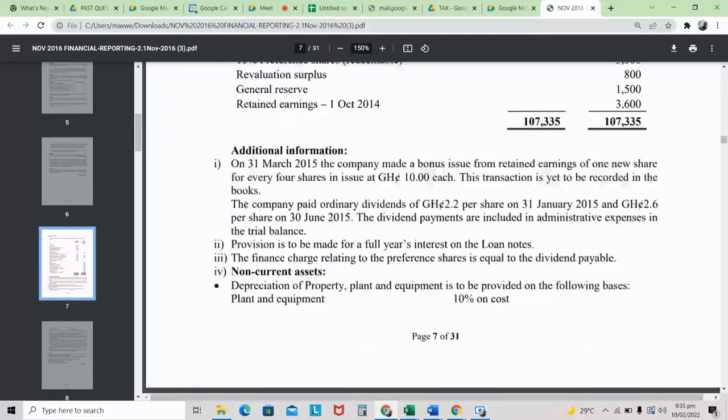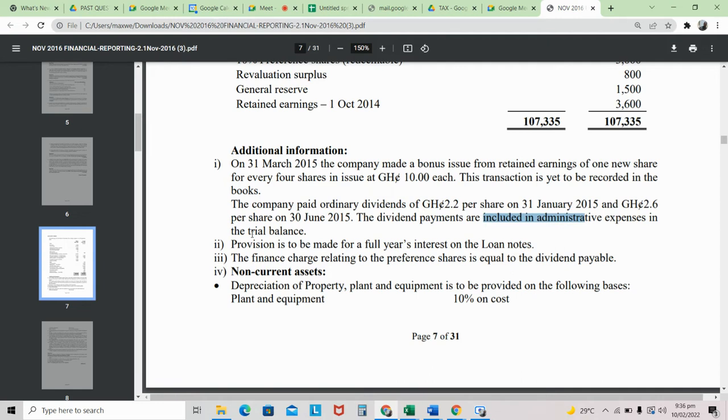If you look at note I, you see that the company paid ordinary dividends of 2 Ghana cedi 20 pesos per share on 31st January 2015 and 2 Ghana cedi 60 pesos per share on 30th June 2015. Their dividend payments are included in administrative expenses. You see the problem here.